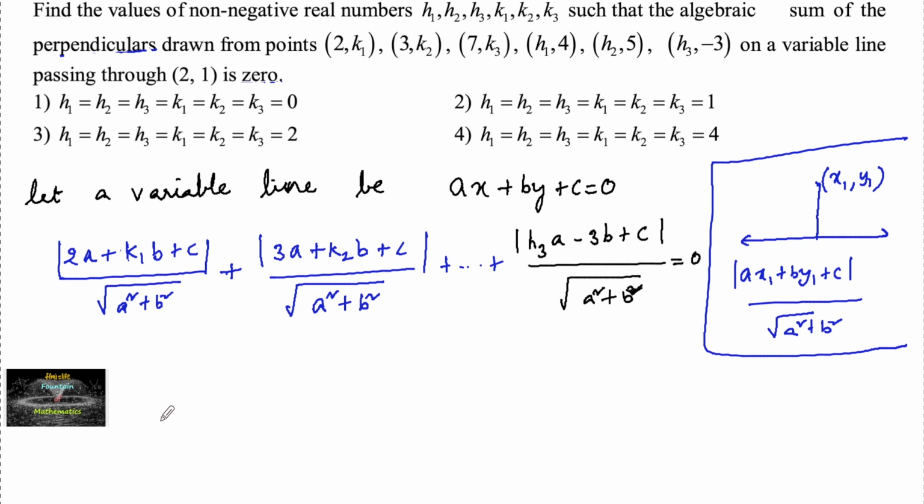Okay, and this can also be written as 1 upon root over a square plus b square taking common. So 2 times a plus 3 times a plus h3 and so on to h3 times a.